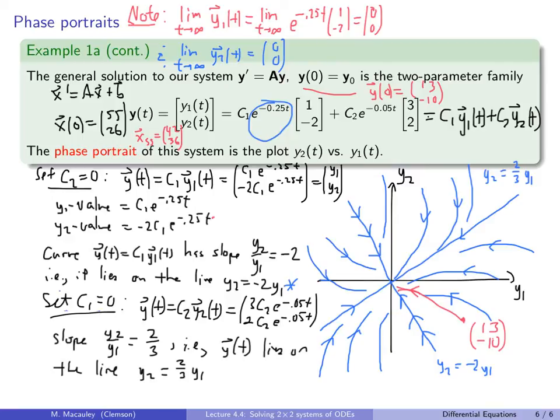So what is that phase portrait going to look like? In other words, what if we plot x2 versus x1? Well, then our steady state solution is going to be up here, where this is 42, and this is 36.